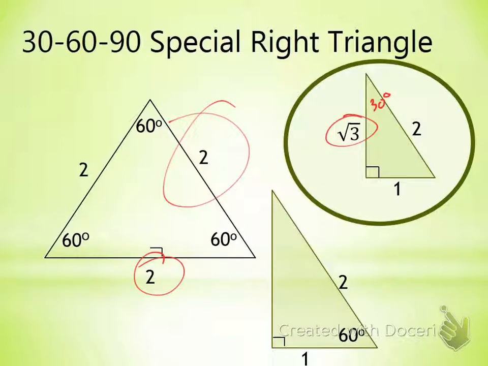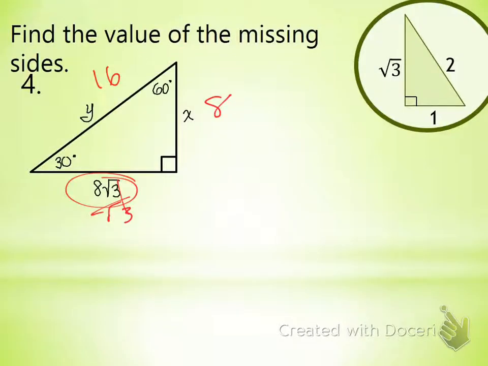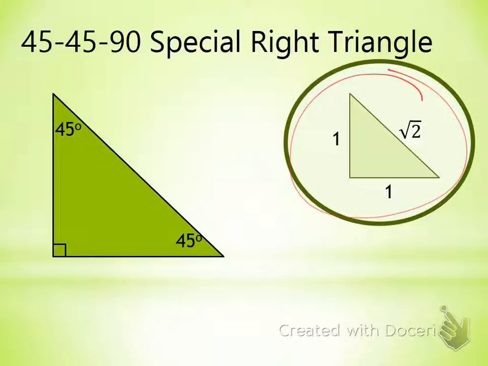So radical 3 gets applied to a 30-60-90 triangle versus a 45-45-90 where it has a radical 2 in the relationships. Since in 45-45-90 there are only two different numbers for angles, 45 and 90, maybe that's a way to remember that we use radical 2 in that relationship.